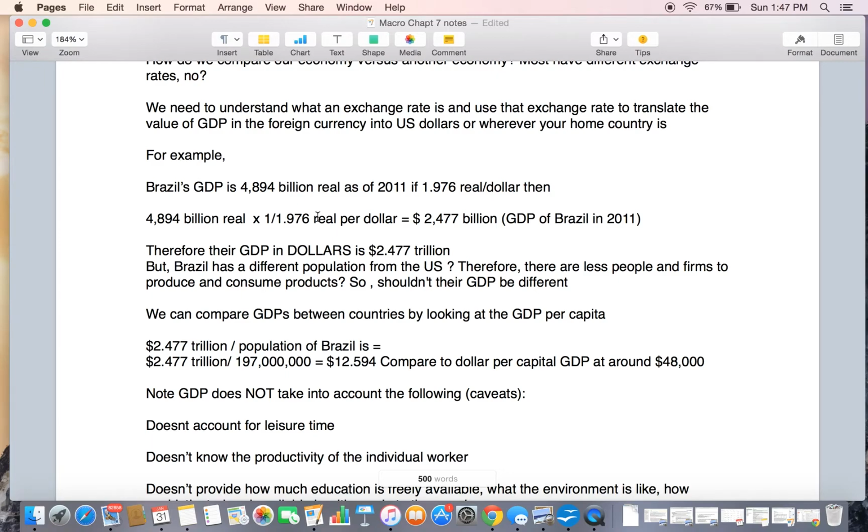So if we put real in the denominator and dollars in the numerator, so this would be $1 per 1.976 real, then we will come up with dollars in the end, and we'll have $2,477 billion, which is the GDP of Brazil in 2011 in dollars.